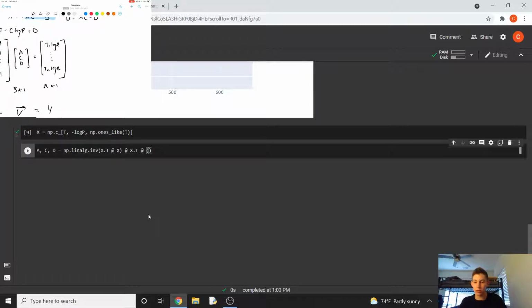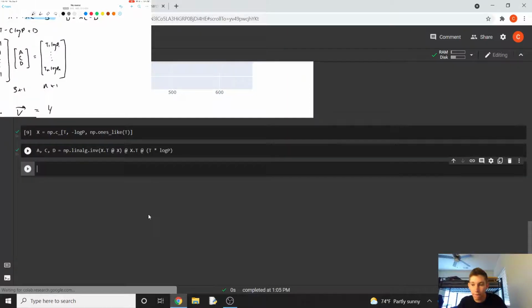Since these are two numbers, it's not necessarily a matrix, so inside we just do t times log p. So let's see how this looks.